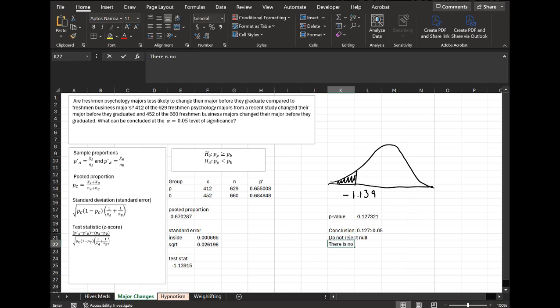So there is not sufficient evidence that psychology majors change their major less than business majors, or that they are less likely to. Okay, so that's it for that one. Hopefully this was helpful, and we have one more section to go after this.